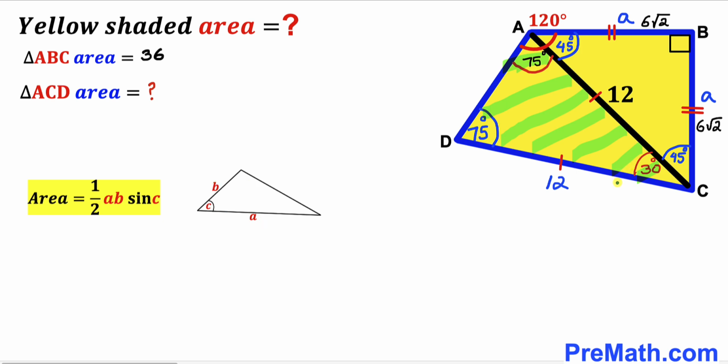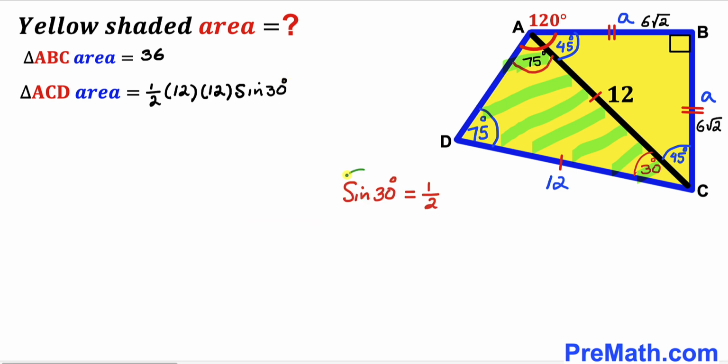And in our case, for this triangle ACD, our two sides are 12 and 12, and 30 degrees is angle in between. So therefore the area of this triangle ACD is going to be a half times 12 times 12 times sine of angle 30 degrees.